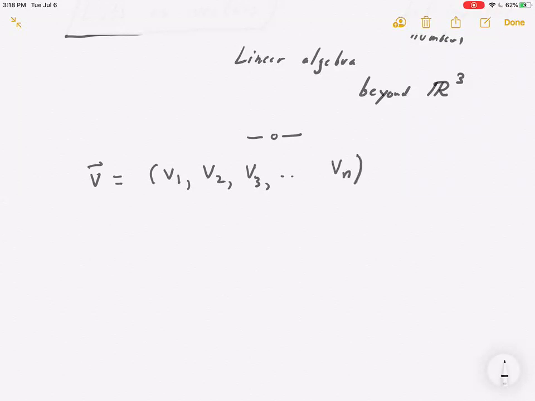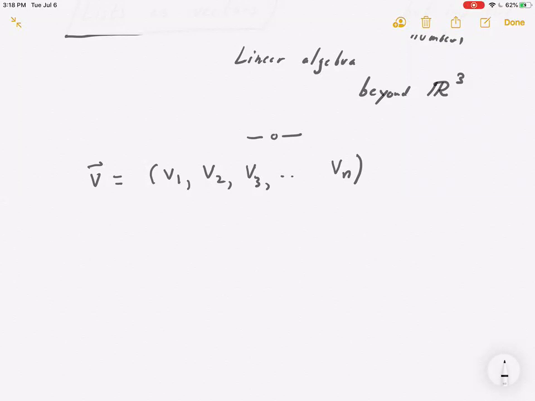Or for that previous example we looked at, suppose I had a class and I wanted to write down a general vector, regardless of whether there were 30 students in the class or 300 students in the class. Well, I can take care of that contingency by just writing a vector with n components.